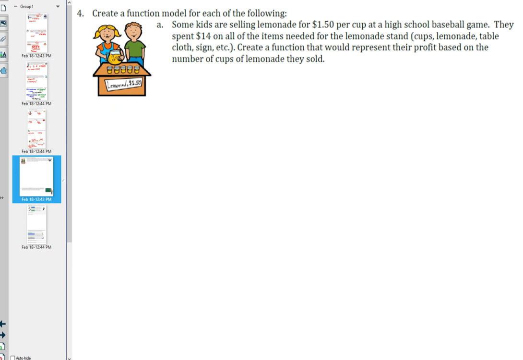Create a function and model for each of the following. Some kids are selling lemonade for $1.50 per cup at a high school baseball game. They spent $14 on all the items needed for the lemonade. Create a function that represents their profit based on the number of cups that they sold. So this is going to model profit. Maybe you need a little bit of an economics lesson here: profit is equal to revenue minus your expenses.